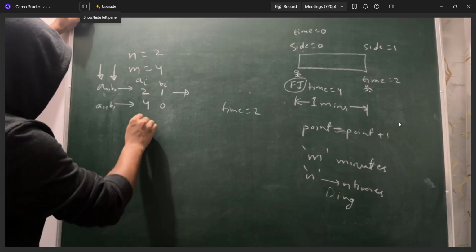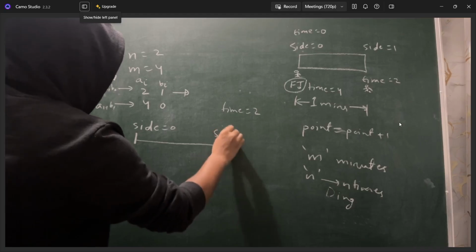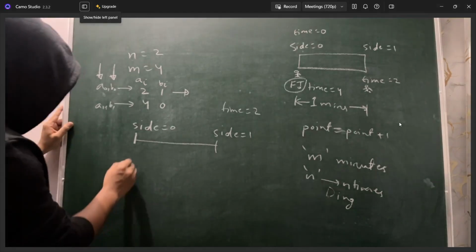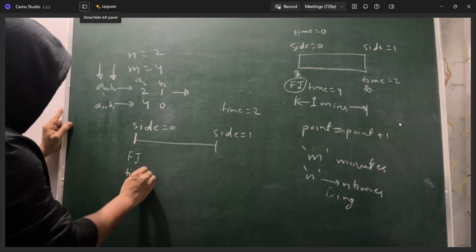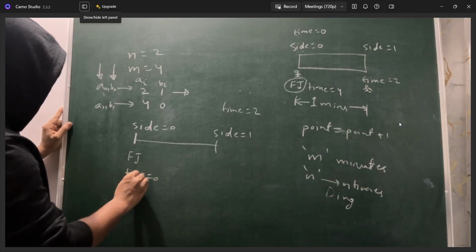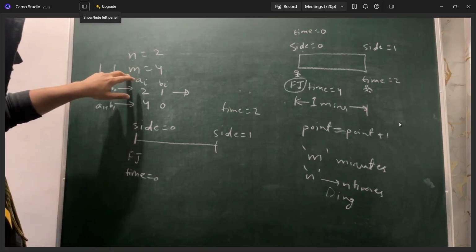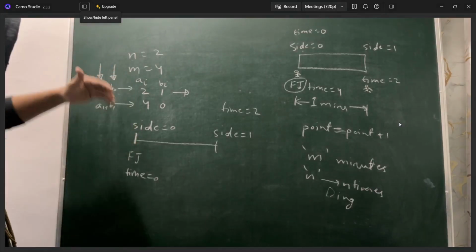This is side 0 of the gym, this is side 1 of the gym. Now John is starting at this position, your time is 0, right? And they're saying, till time is equal to 4, how many points he may gain is the question.